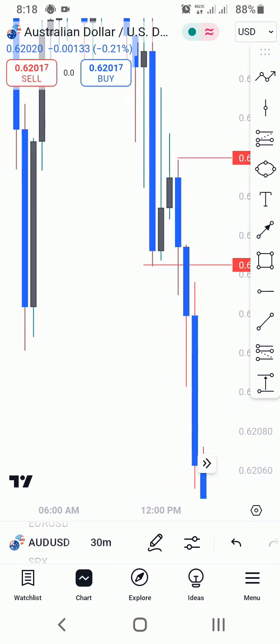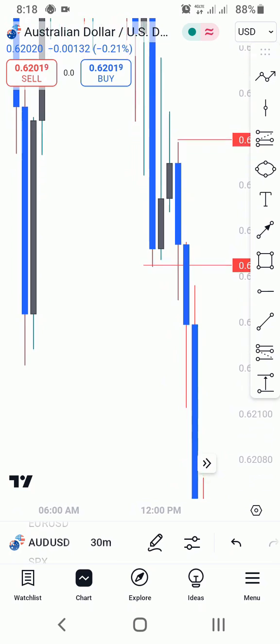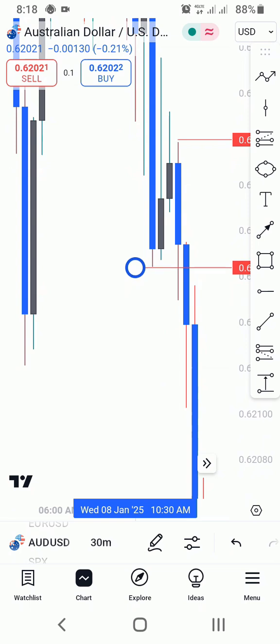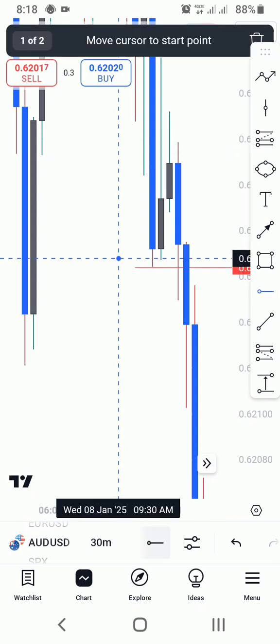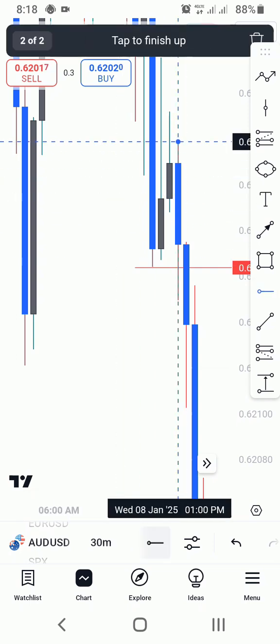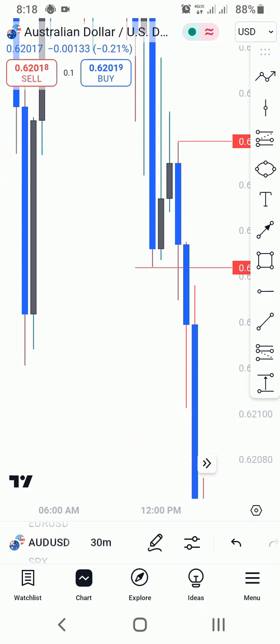Okay, not bad, this one and that one. Let me just move it, I put another one, that one. So this is our low, this is our high of our VV of M30.